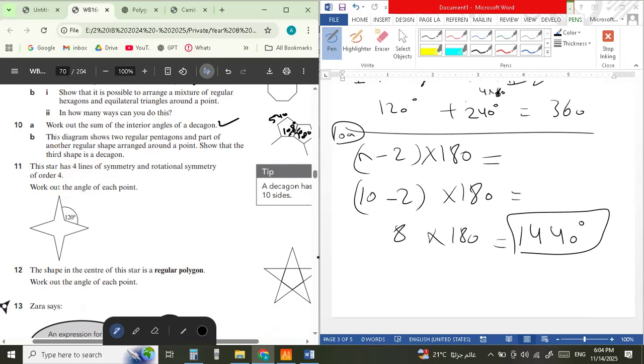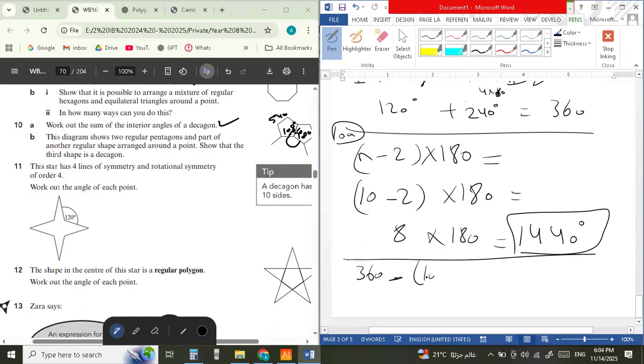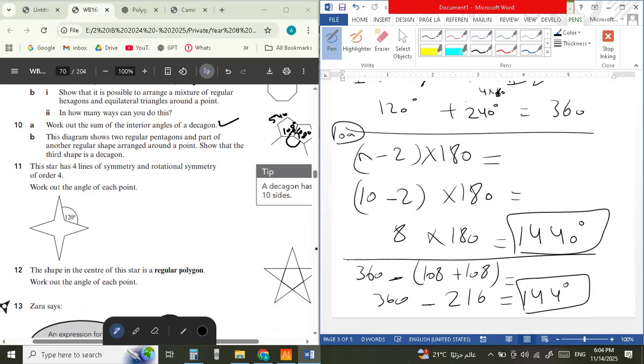This is 108. What is this angle going to be? I know that the 3 of them add up to 360, so 360 minus 108 and 108, which is 360 minus 216, gives exactly 144 degrees. They want you to show that the third shape is a decagon.